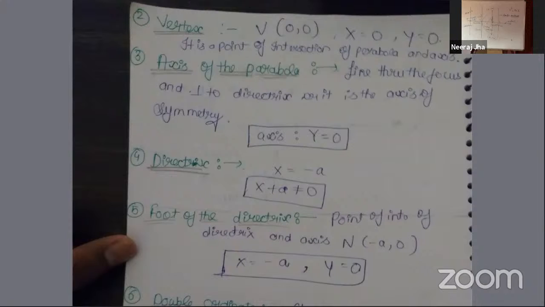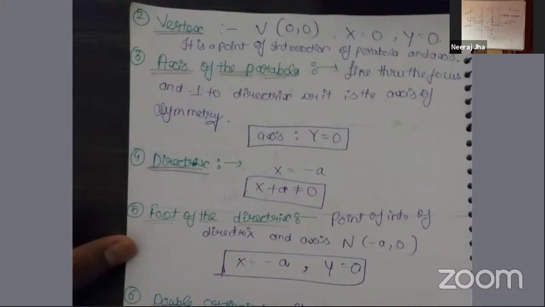It is the point of, please write this also. It is the point of intersection of the parabola and the axis. The point of intersection of parabola and the axis is the vertex, which is very natural, very obvious from the curve. Second is, what is the axis of the parabola?